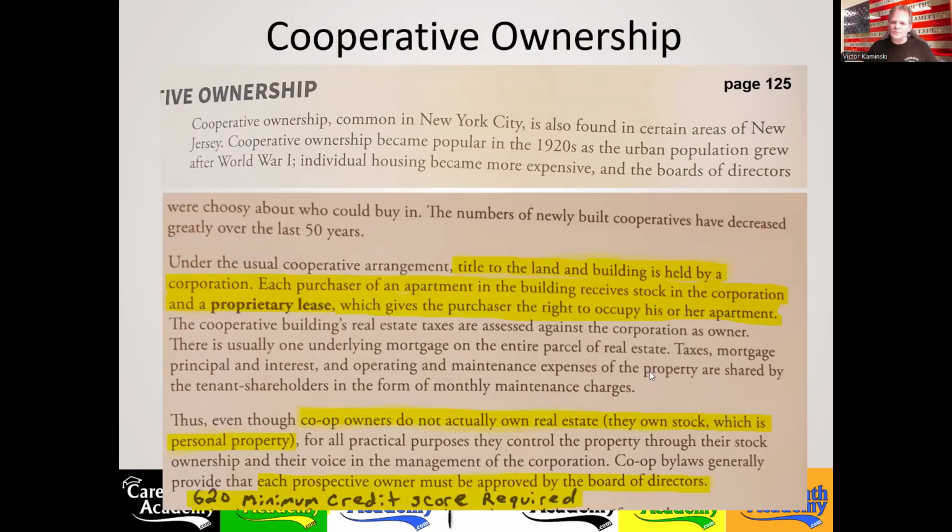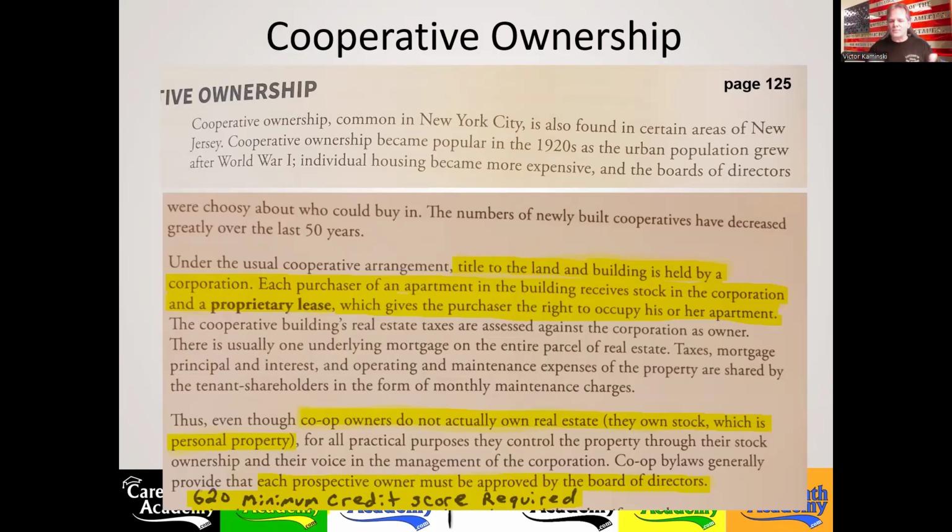Because in condominiums, when you own a condo, you have your own mortgage loan bill. You get a tax bill. You get your own water. So the water bill sometimes can be included in the monthly maintenance charge as well.